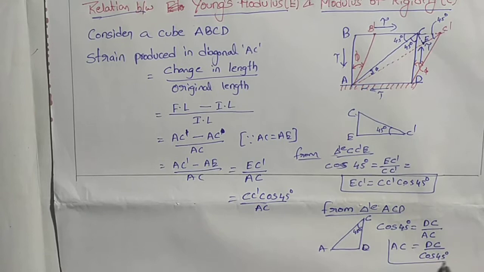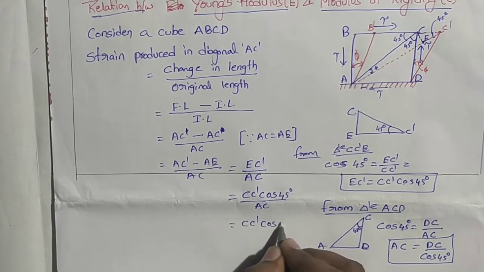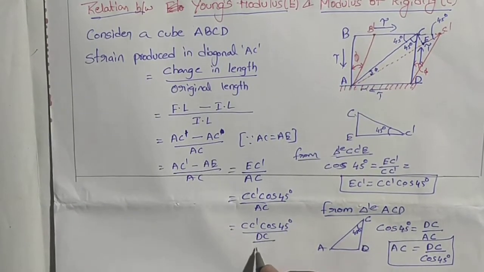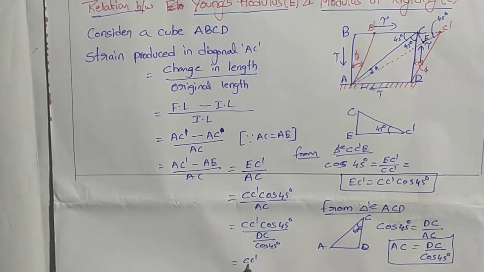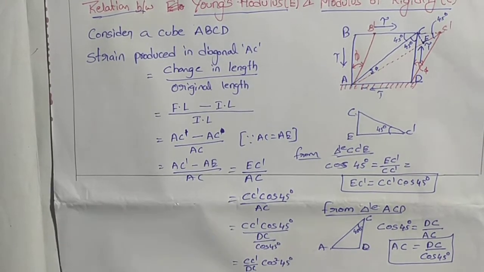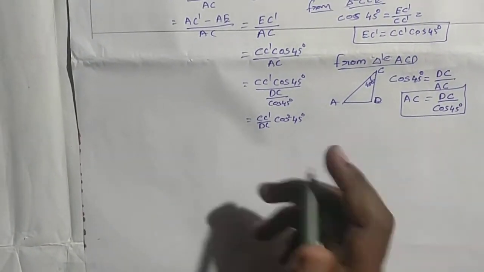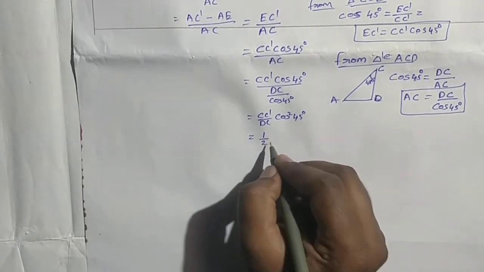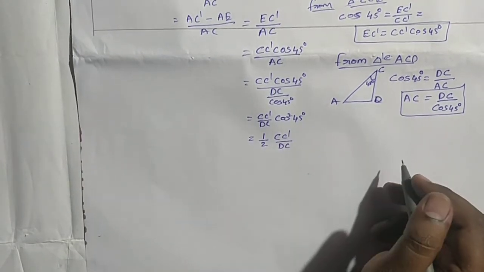Substituting the AC value, CC dash cos 45 degrees by AC becomes CC dash by DC cos square 45 degrees, which equals one by two times CC dash by DC.